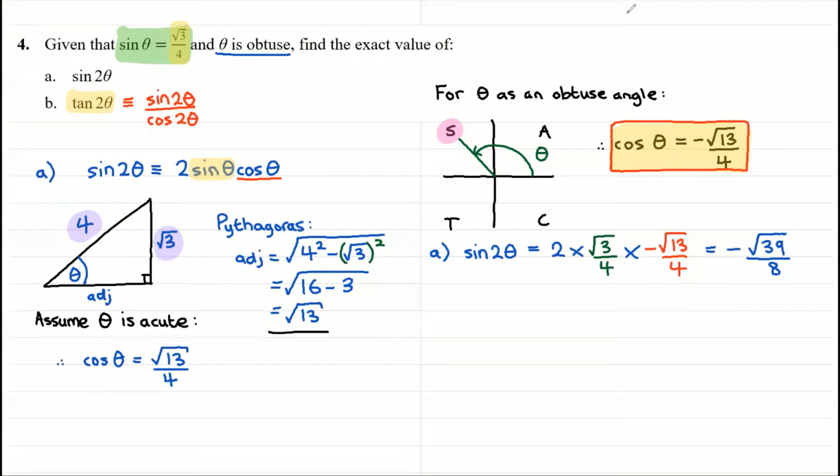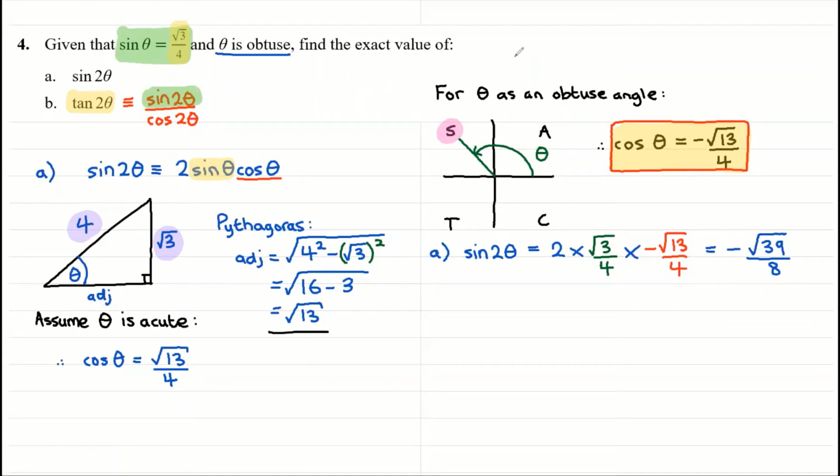Now for part B, you might be thinking this is going to be a lot of work as well, but no, we've already done the work. Once we've isolated cos theta and sine theta was given to us, we can now just use the identities. And if you'll remember, we've already got sine 2 theta from part A. And we also know that the cosine of 2 theta, I can write in any one of 3 ways.